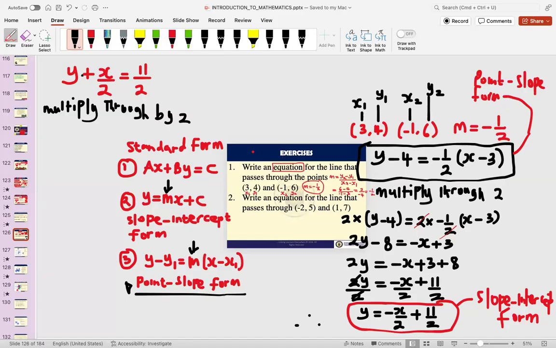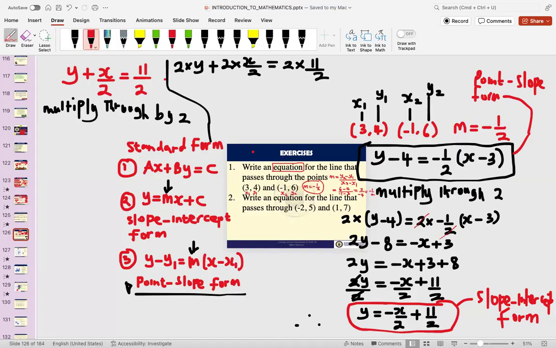So that's what we do here. So look at solving this side. Multiply this one by 2, you have 2 multiplied by y plus 2 multiplied by x over 2 is equal to 2 multiplied by 11 over 2.